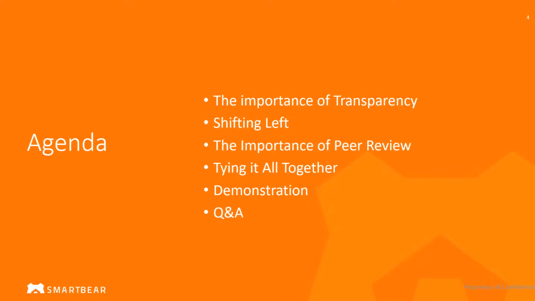We're going to tie it all together briefly and then go through a demonstration of the Collaborator suite and show you how some of your processes can be brought together in a single location for review and comment through teams, whether they're local or geographically dispersed. And then finally, Q&A.